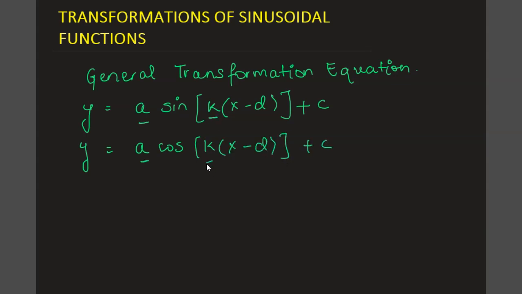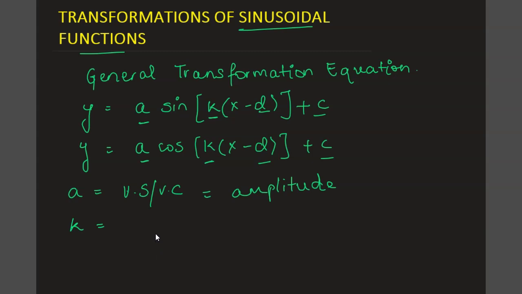A, k, d and c all have the same meanings no matter what your parent function is. So a, as you know from the introduction to functions unit, represents vertical stretch or vertical compression, whereas in sinusoidal functions a has another meaning and that gives you your amplitude.